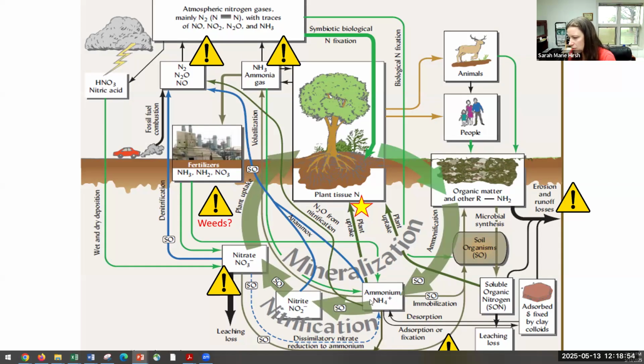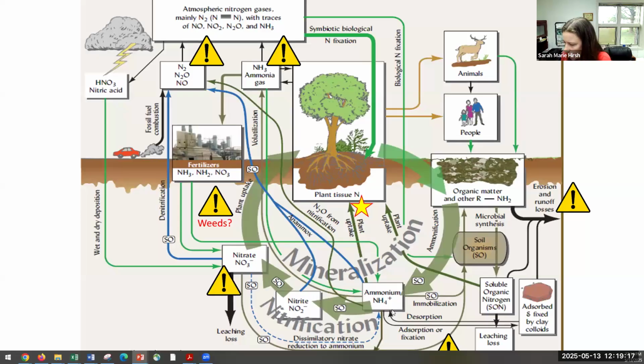So there are different ways to prevent the ammonium from being lost as ammonia gas. And now we're going to talk about another way to prevent nitrate from leaching, but this one is trying to prevent the conversion of the ammonium form of nitrogen to nitrate.